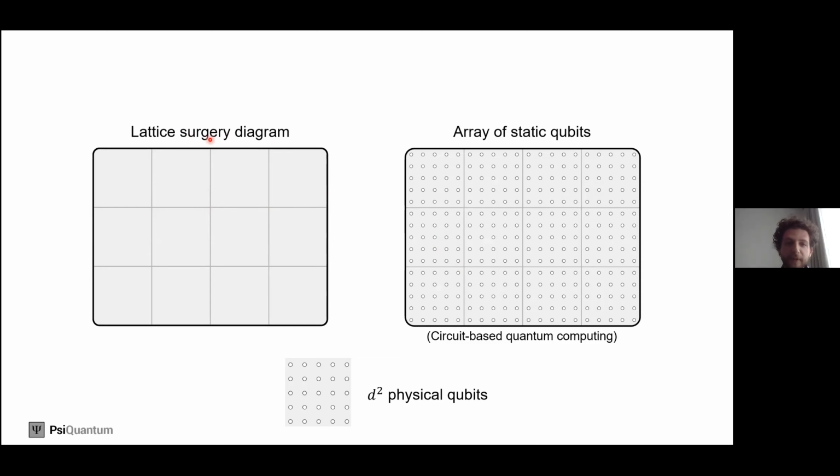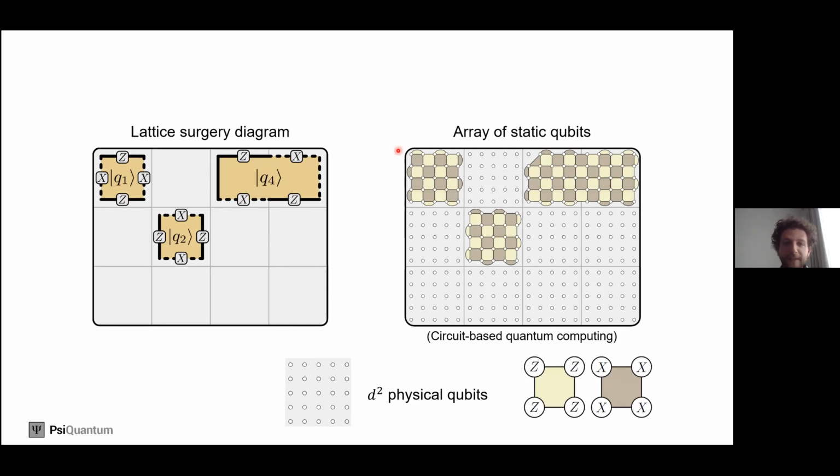So here, these drawings are called lattice surgery diagrams, which are meant to describe the operations that we need to do on our array of static qubits in a coarse-grained way. So the diagram consists of a board partitioned into a number of tiles, where each tile represents d by d physical qubits. D is the code distance, which is a parameter that depends on how much error suppression you need. And in this case, d equals 5.